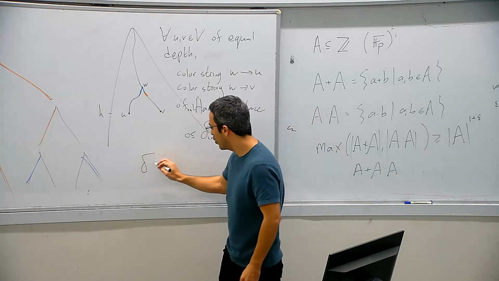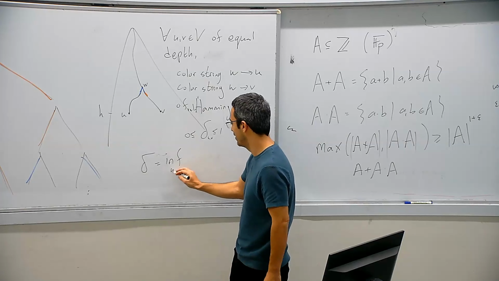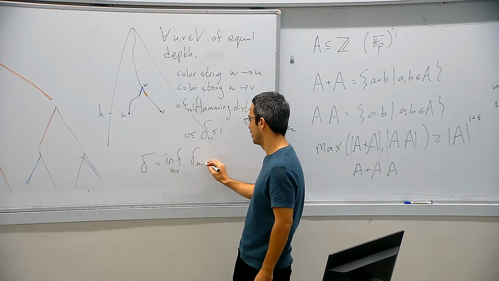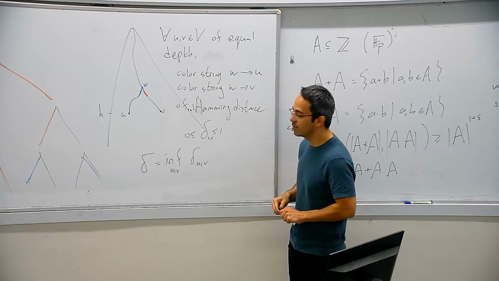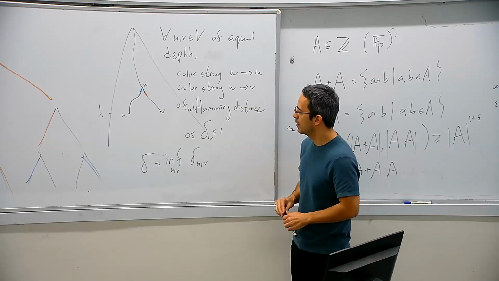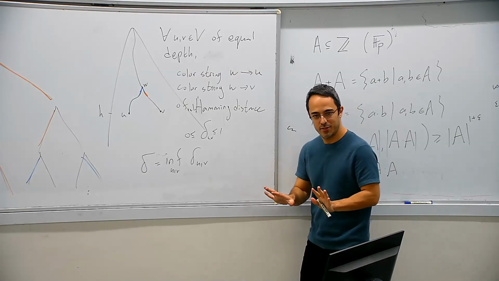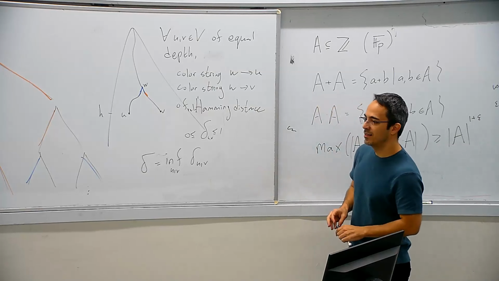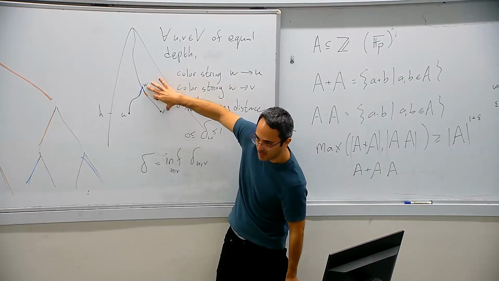The distance of the code is the minimum, but it's an infinite set. So delta of u, v is normalized by the length. Right, exactly. If the length here is L, then it's the number of disagreements divided by L.